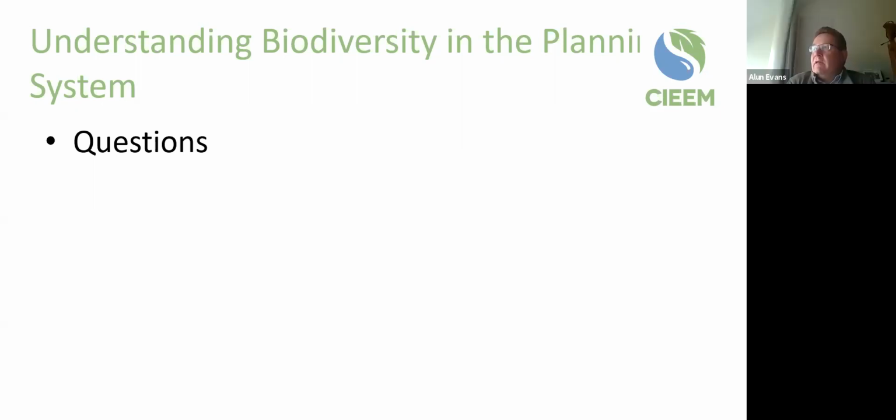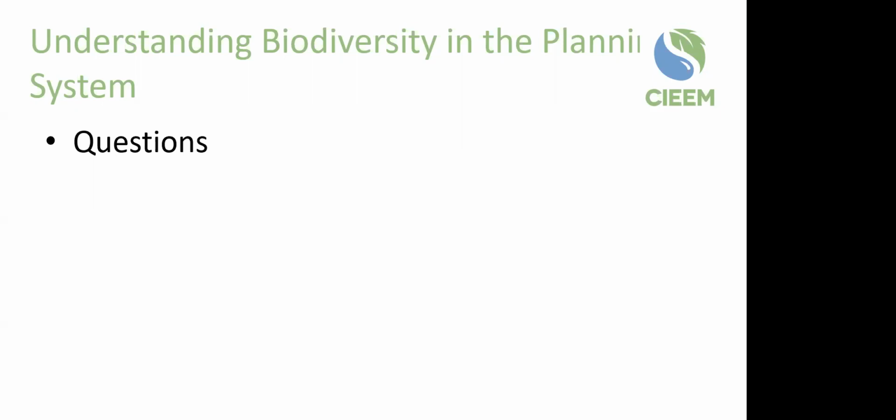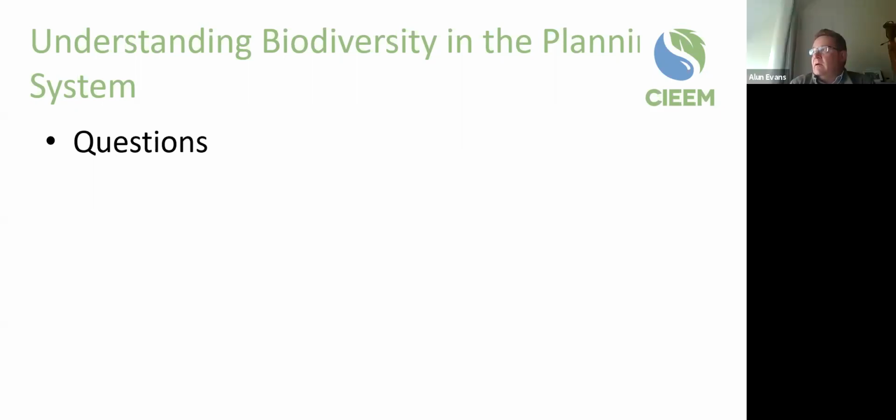Well, the PEA is the initial, early-doors scoping to inform the project. If it is submitted with a planning application, it's unlikely to have sufficient analysis of the impacts of the development, and may also require additional surveys to be undertaken.